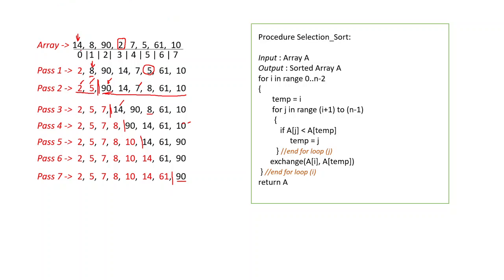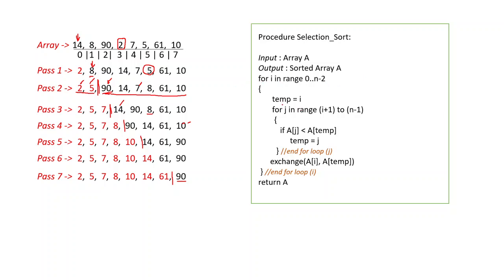So at the start of the array, we consider that the first element of the unsorted array itself contains the smallest element. Now in this case, as you can see, for I in range 0 to n minus 2, that is for I equals 1, I less than or equal to n minus 2, I plus plus, which will be the C equivalent of this step.